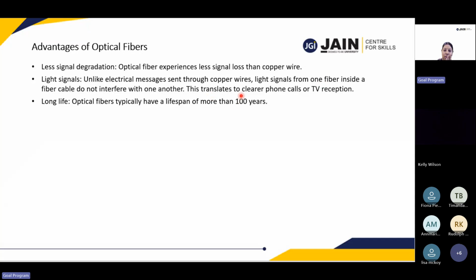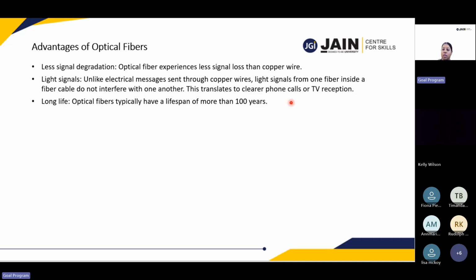So this translates to crystal clear phone calls or TV reception. There are two live signals passing in parallel. One is for phone calls and one is for TV reception. They both can travel together because they will not interfere with one another and create disturbances. So we have very smooth communication.